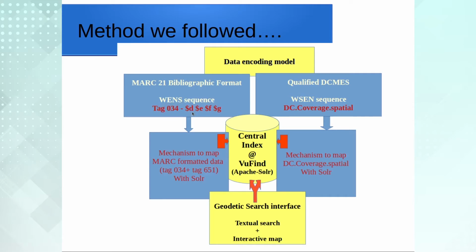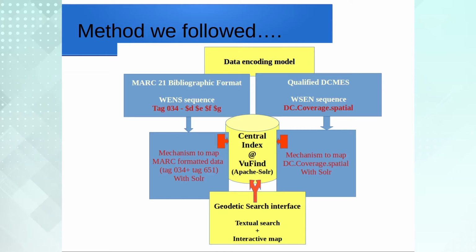So, subfield D deals with the westernmost boundary, or westernmost longitude-latitude value of a place. Subfield E deals with the easternmost values, subfield F deals with the northernmost values, and subfield G deals with the southernmost values. Similarly, in the case of qualified DCMS, we can enhance the dc.coverage primary metadata element into dc.coverage.time and dc.coverage.spatial.